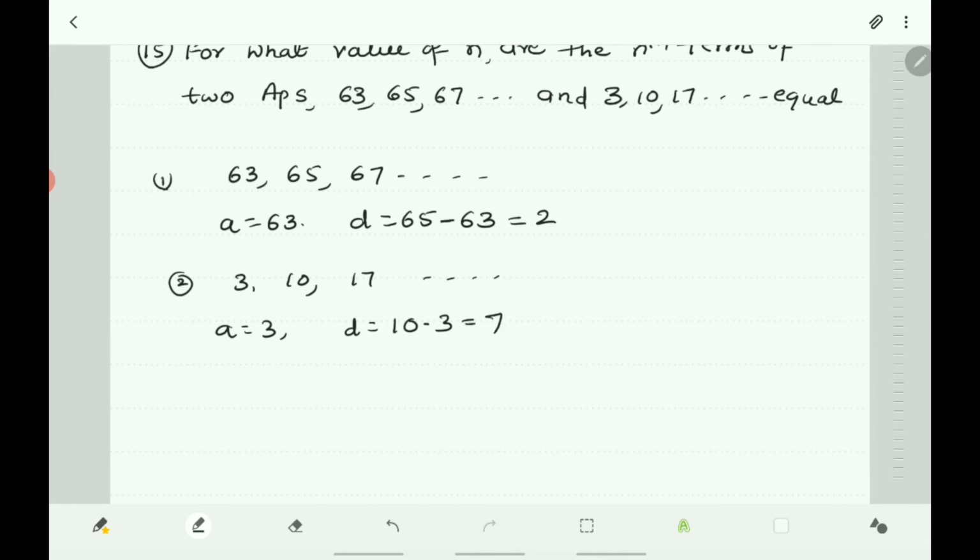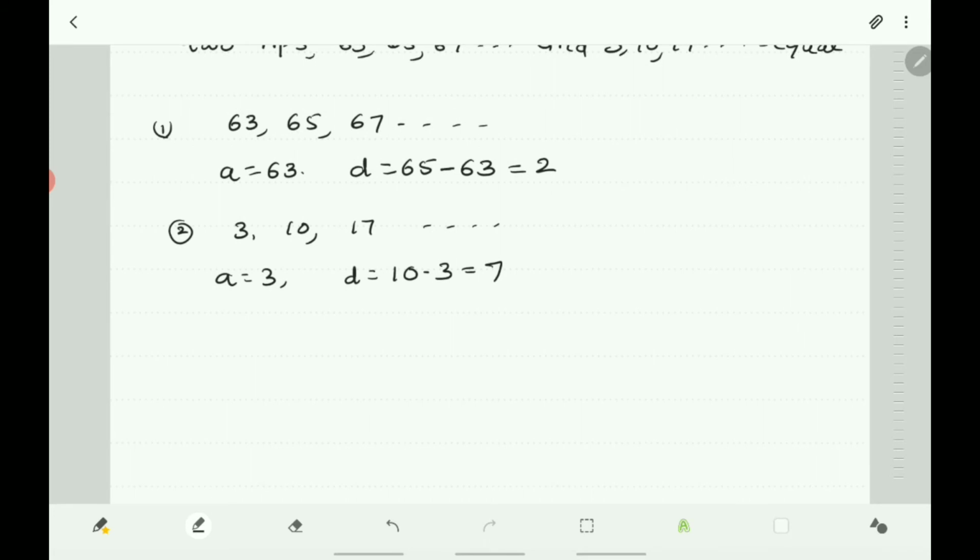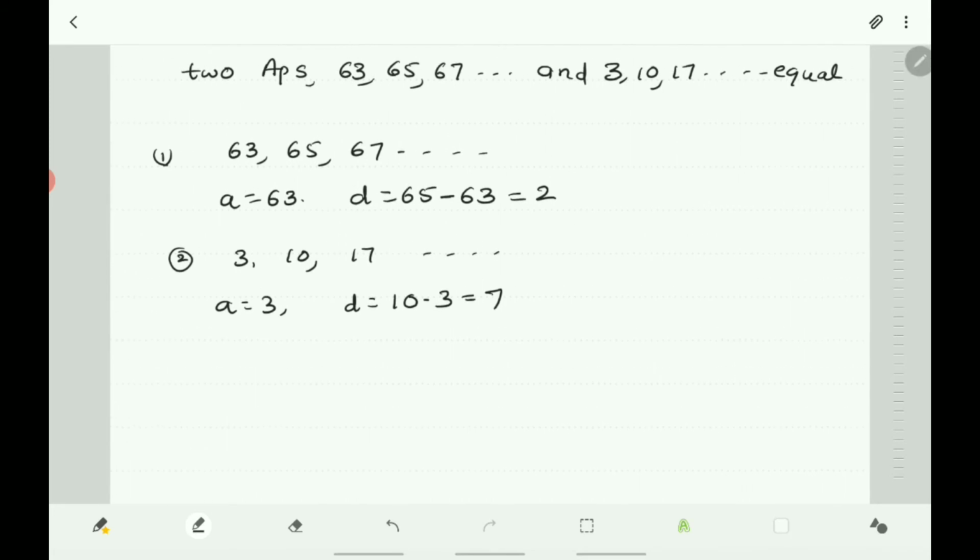So let us consider their nth terms are equal. And here an is equal to a plus n minus 1 into d, that is a is 63 plus n minus 1 into d, which is 2, that becomes 63 plus 2n minus 2, which is 63 minus 2 is 61, plus 2n.